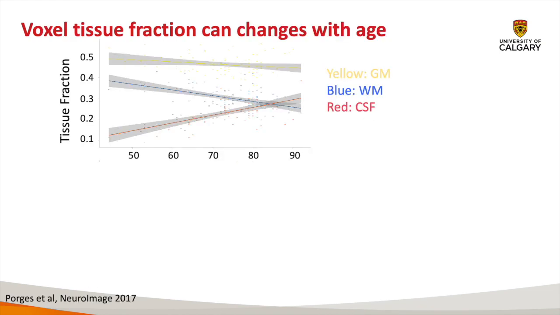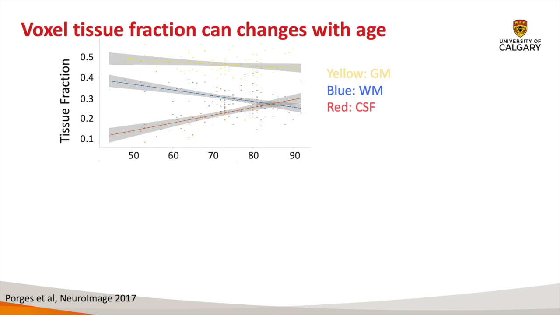I do want to emphasize that it does matter how you consider this concentration difference between white matter and gray matter. And I'm going to use this study by Porges et al. that looks at healthy aging to see this. So this study recruited individuals from age 43 to 96, I believe, and collected some GABA-edited spectroscopy data.